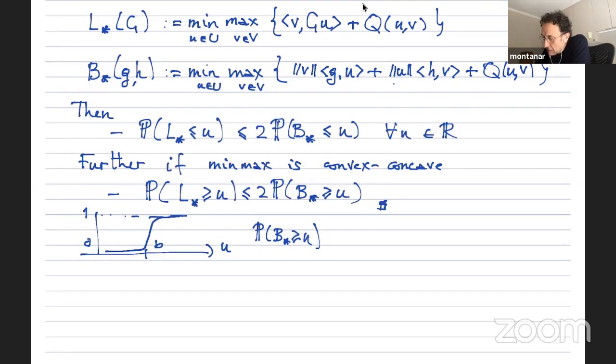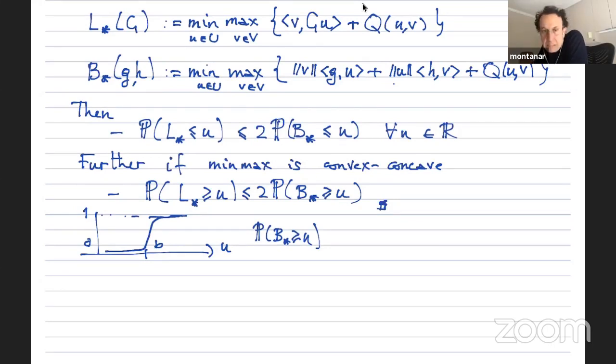Another way to think about it is that if you forget the norm of V and the norm of U here, this problem is basically linear, modulo the function Q(U, V). So the second problem is much simpler to analyze than the first.